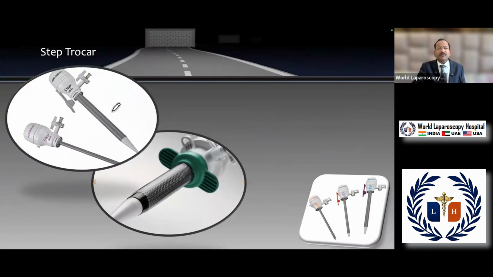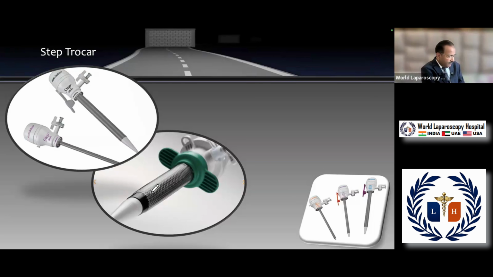A step trocar has one big disadvantage: after putting it, the outer sheath breaks, and once it is broken you cannot use it next time. That is good because these are disposable, and ideally you should not reuse disposables. Remember, if you are rich you should use disposable trocars. If you are poor you should use reusable trocars.